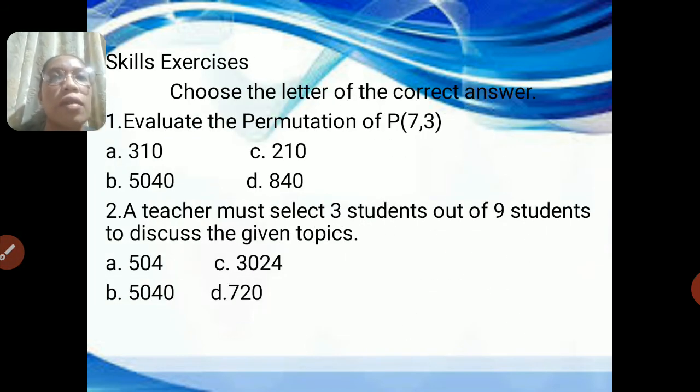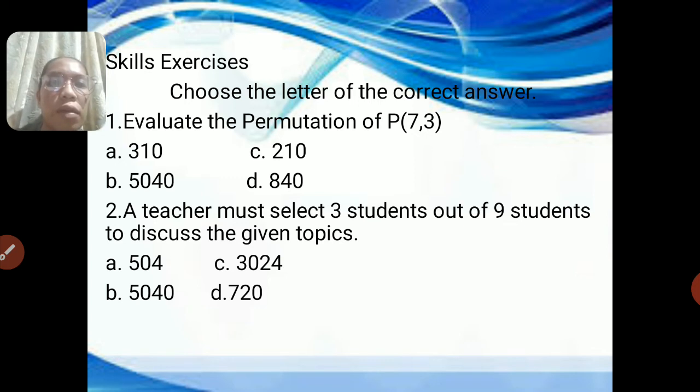So this is the skills exercise. Choose the letter of the correct answer. Number 1, evaluate the permutation P(7, 3).